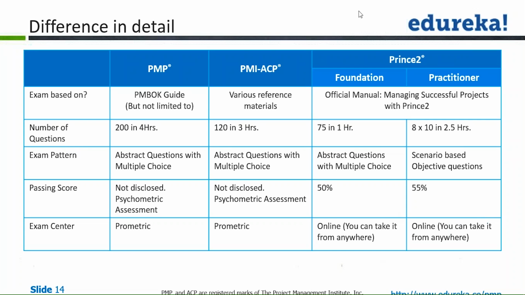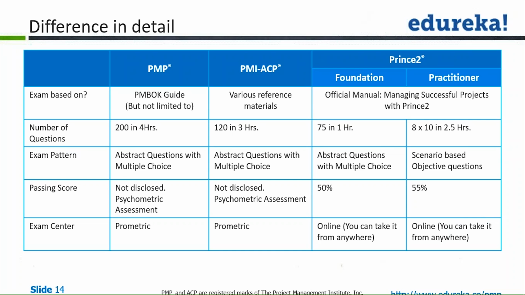But they stopped doing it from November 2005 onwards. Now it is more of a psychometric assessment. Based on the complexity and difficulty level of the questions, they will do an analysis and give you a grade and decide whether you are eligible to earn this PMP credential or not. Okay, so it's a psychometric assessment.